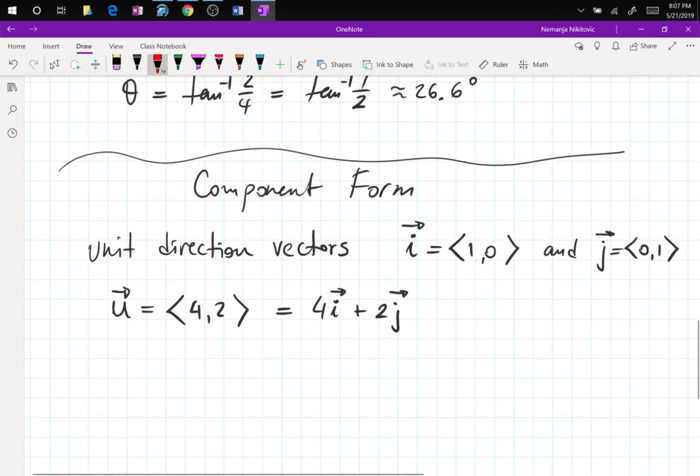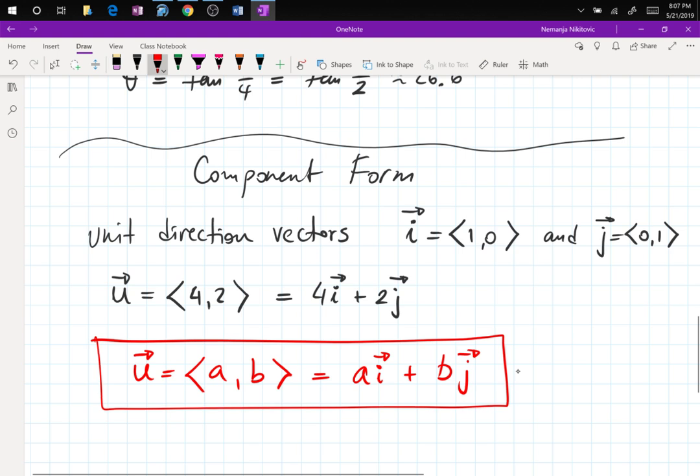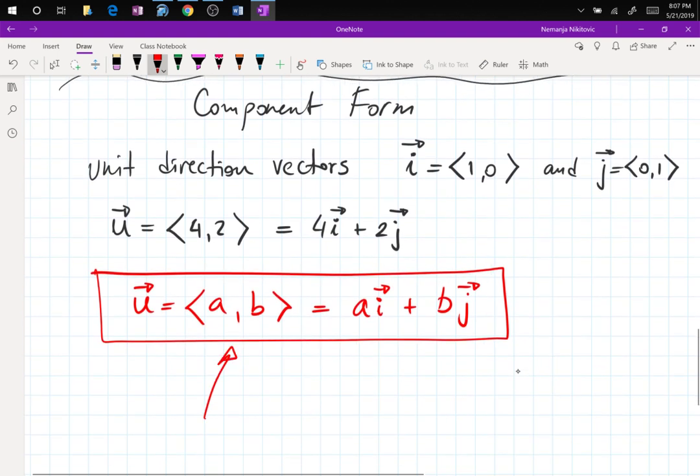So if I have vector u given as a, b, you will have ai plus bj. There we go. So that's our notation, whether you want it in the vector form with these brackets, or you want the component form.